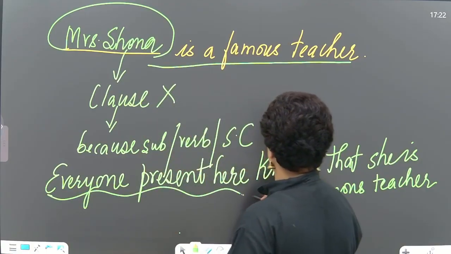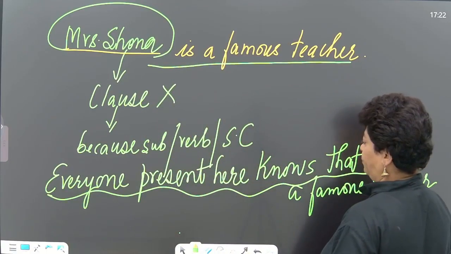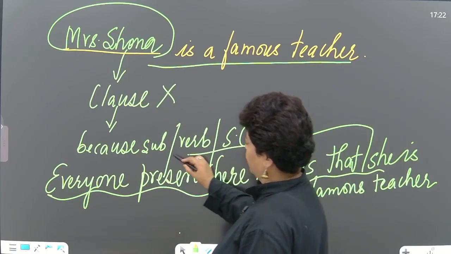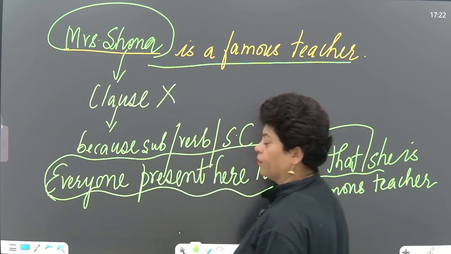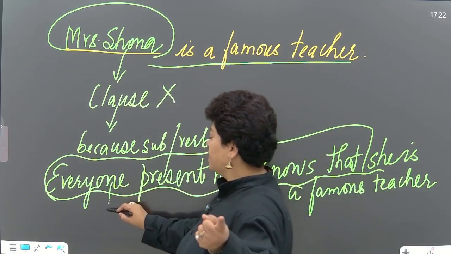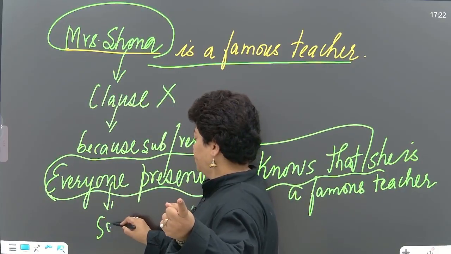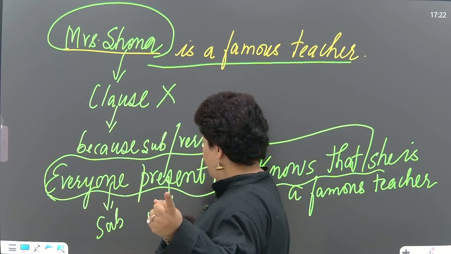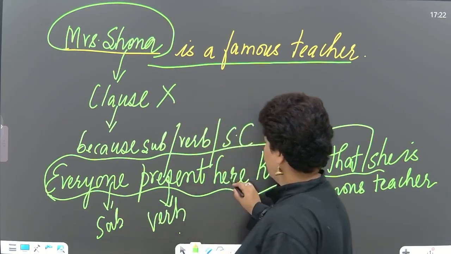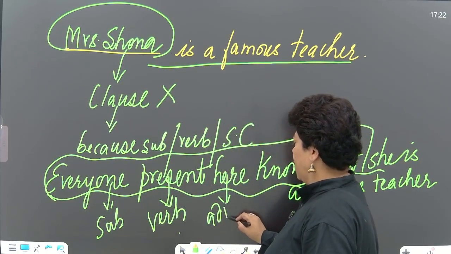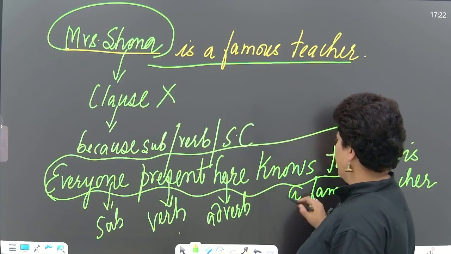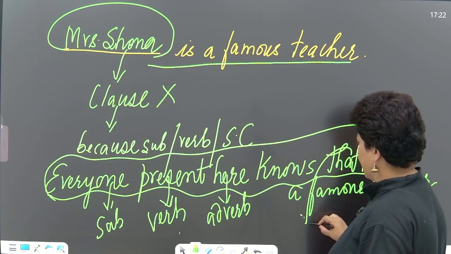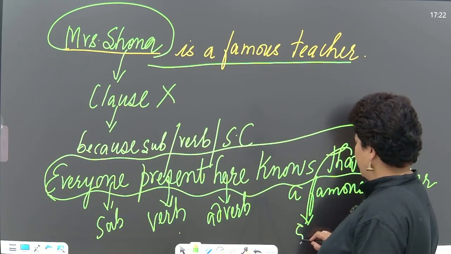Everyone present here knows that. What? Everyone is again a subject. Present here is the verb. This is again an adverb. Knows that. What is that? Subordinating conjunction.